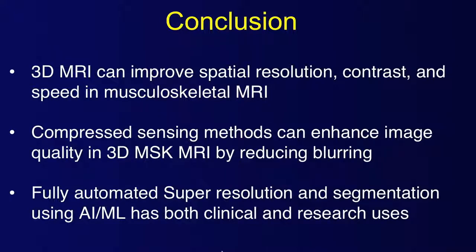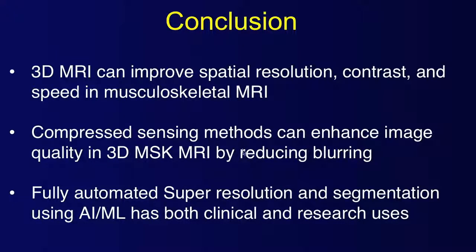So in conclusion, I think that 3D MR can improve the spatial resolution, contrast, and speed of musculoskeletal MR. We're seeing continuous improvements in terms of the acquisition and reconstruction of the 3D data, and in particular, the recent advances in compressed sensing and machine learning, I think, are going to make high-quality isotropic acquisitions of musculoskeletal images a routine thing going forward.